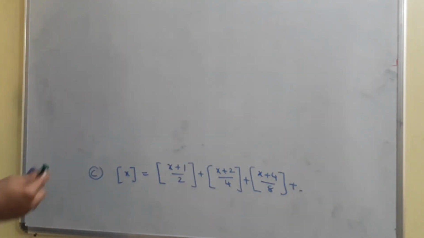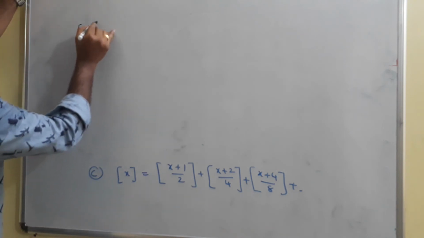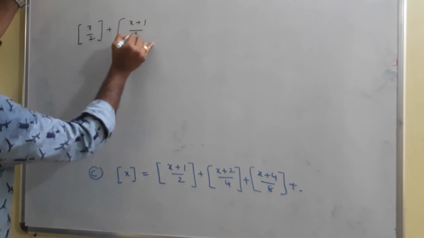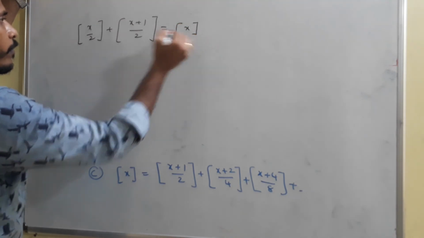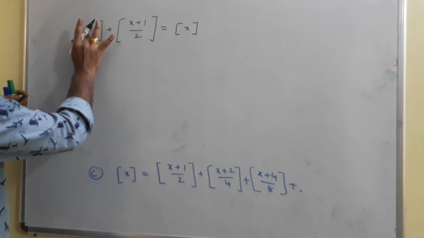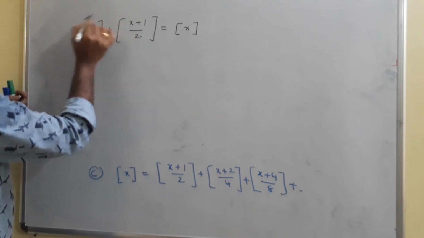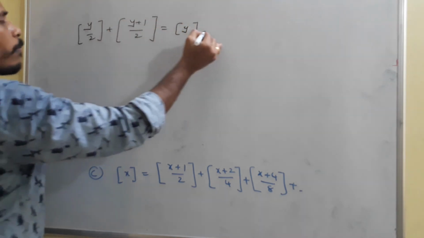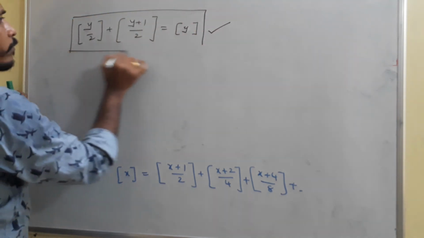For that, I will utilize this: floor of x by 2 plus floor of x plus 1 by 2 is equal to floor x. Or you may use some different variables, maybe floor of y by 2 plus floor of y plus 1 by 2 is equal to floor y. Already we proved it using the Hermite identity.